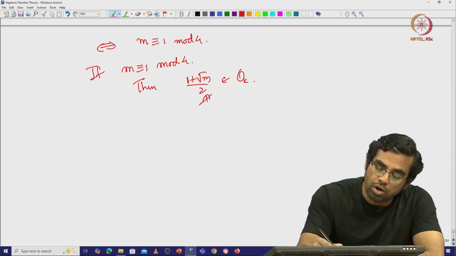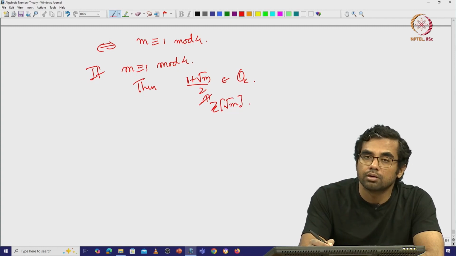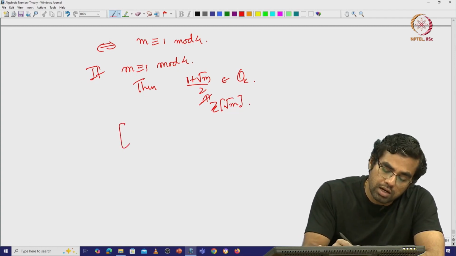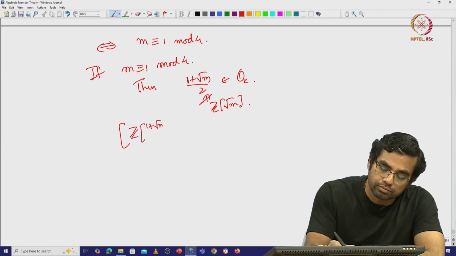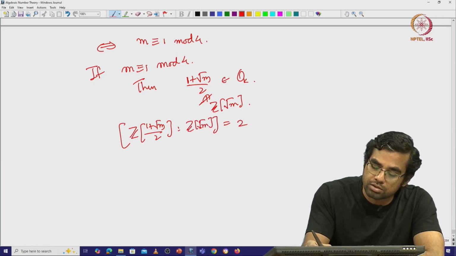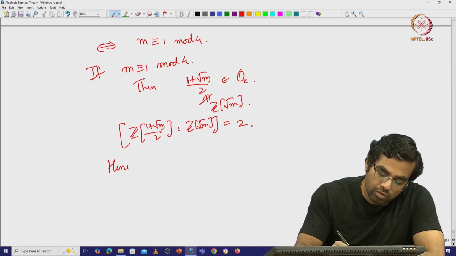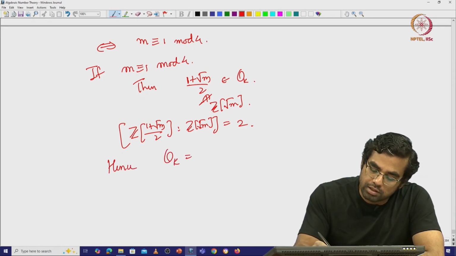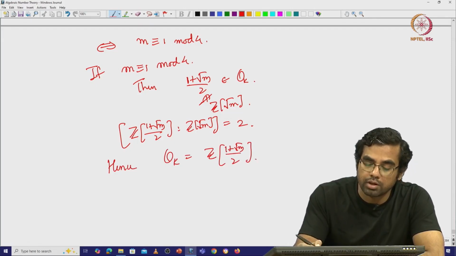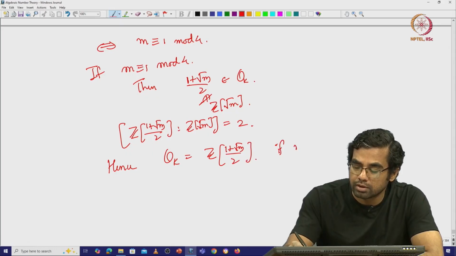But this thing is not in Z[square root of m]. Okay. And so, the index of Z[square root of m] inside this is 2. Hence, OK is Z[(1 plus square root of m) by 2] in this particular case, right, if m is congruent to 1 mod 4.